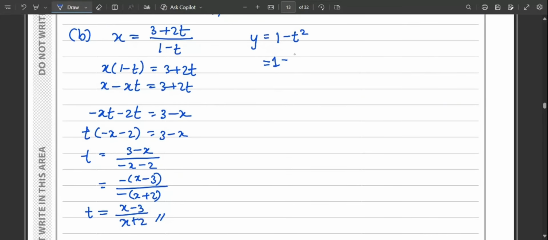So substituting this into our equation will give us ((x minus 3) divided by (x plus 2)) whole squared. So from this we get (x minus 3) whole squared divided by (x plus 2) whole squared.